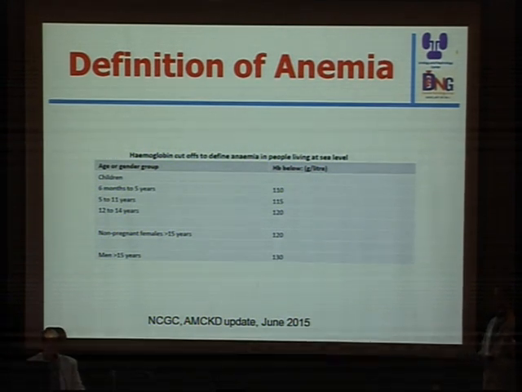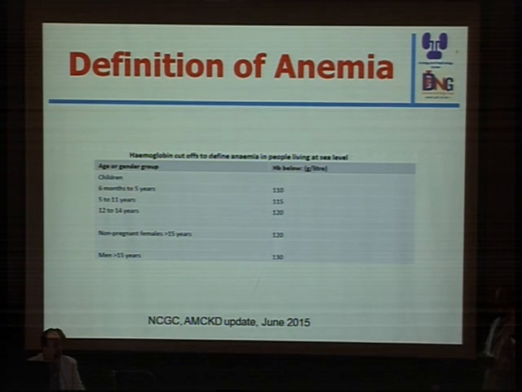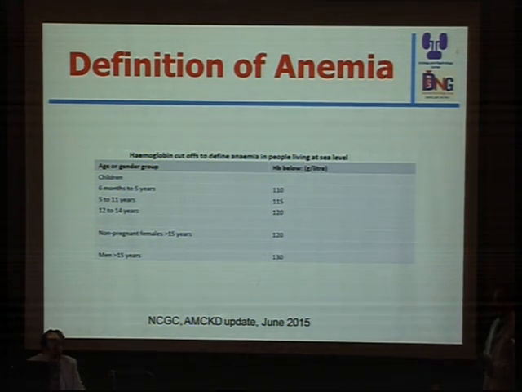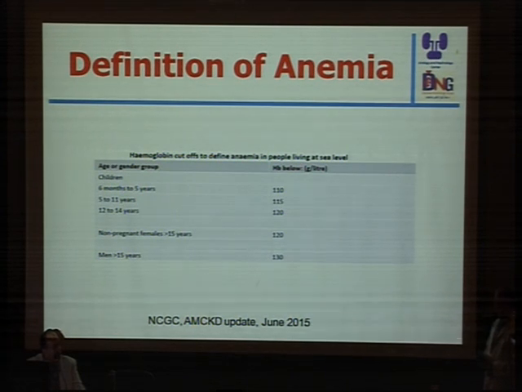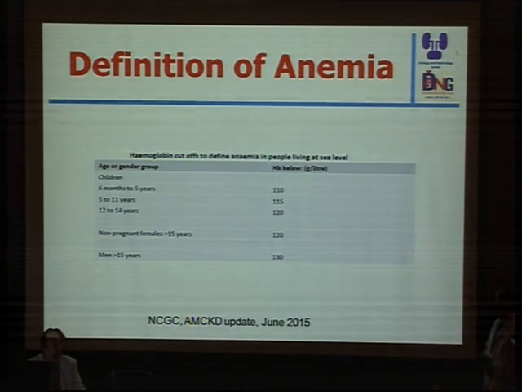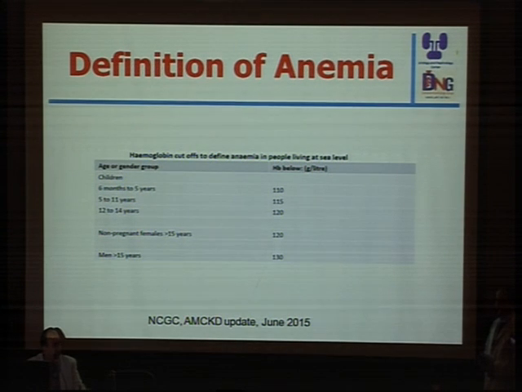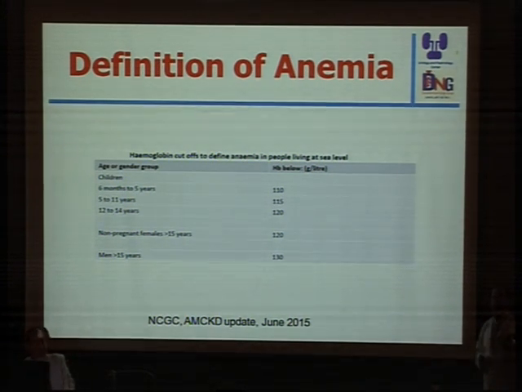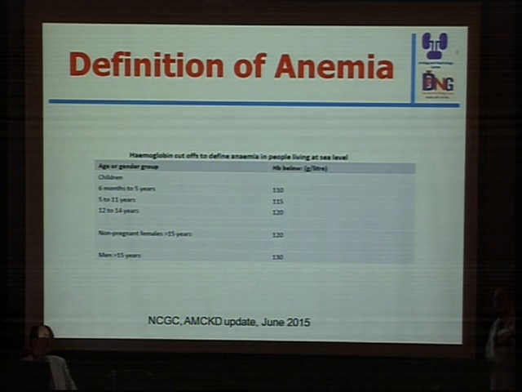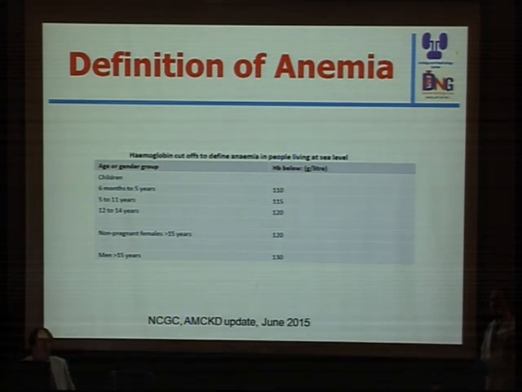Yes? You have here an important point about living at sea level. Yes, it's important to consider that in patients at high altitudes the definition of anemia is different. So you mean this is for the general population, not specific. Yes, you are right, because even here in our clinical practice, Egypt is not high altitude.